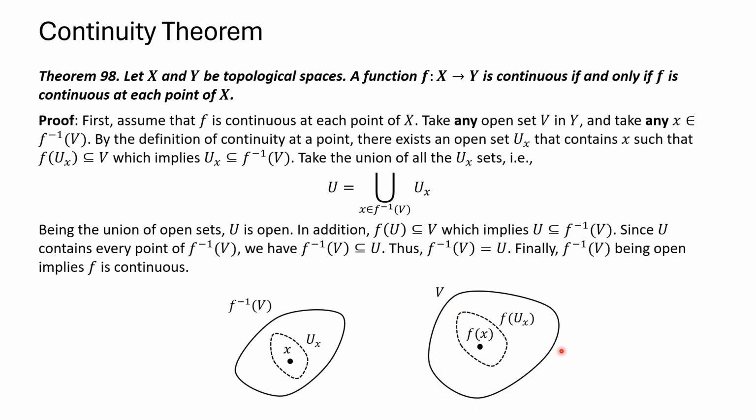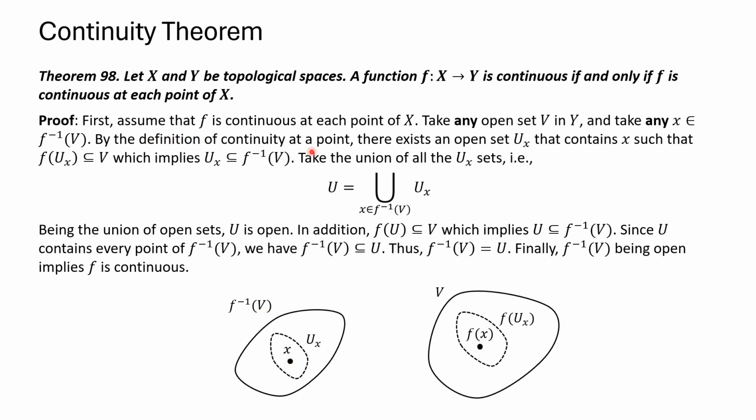We take any set V in Y, and take any x that's in the inverse of V. So f inverse of V is a set in X, and we'll take any x in f inverse V. We've drawn that here.